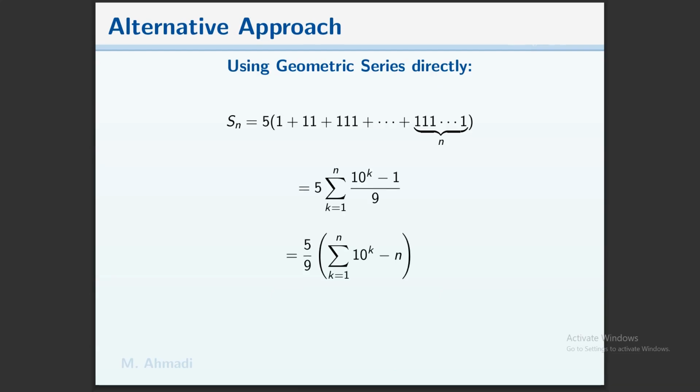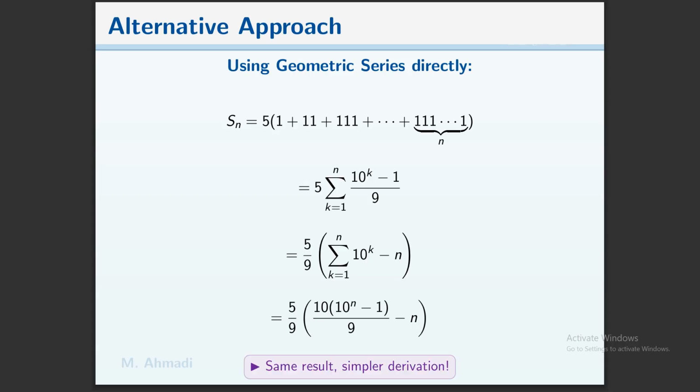There is another approach using the geometric series directly. Sn equals 5 multiplied by (1 plus 11 plus 111 plus 1111, and so on), equals 5 times the sum from k equals 1 to n of (10^k minus 1) divided by 9, equals 5 over 9 multiplied by the sum from k equals 1 to n of (10^k minus n), equals 5 over 9 multiplied by (10 multiplied by (10^n minus 1) divided by 9 minus n).